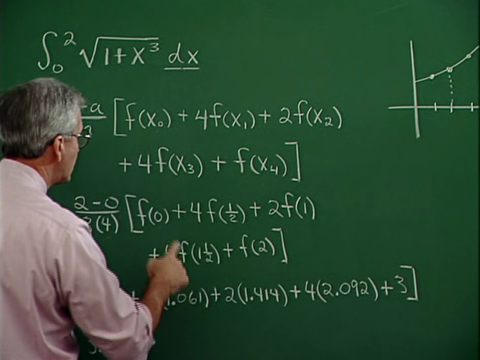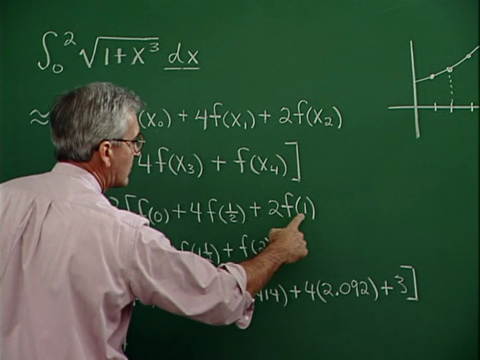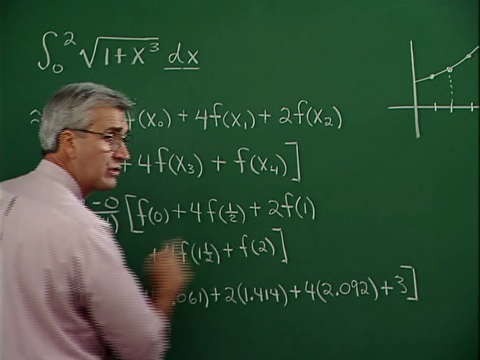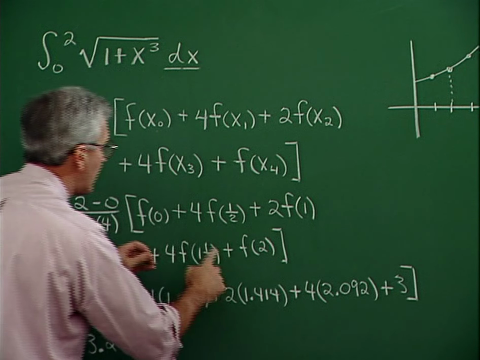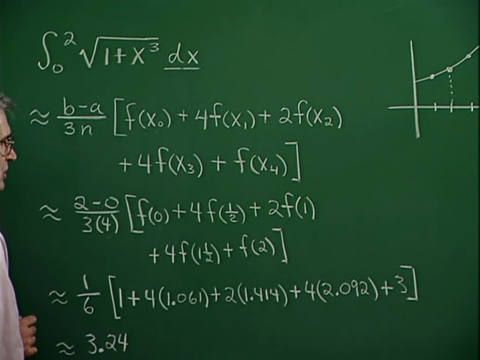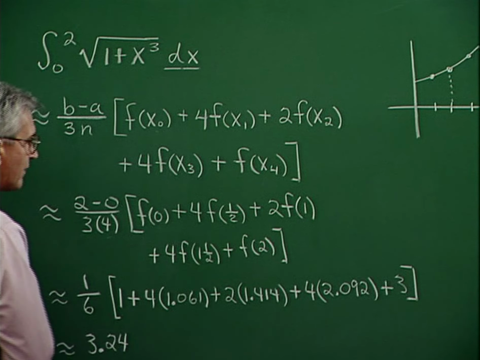That is, x naught is 0, and x sub 1 is 1/2, and x sub 2 is 1, and x sub 3 is 1.5, and x sub 4 is 2. So it's f of each of those, and notice the correct coefficients here.